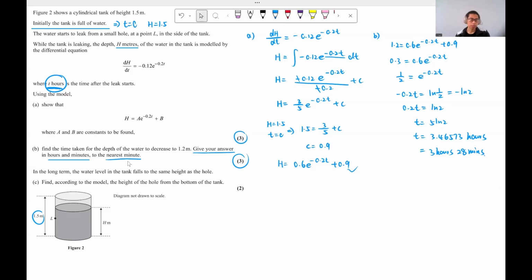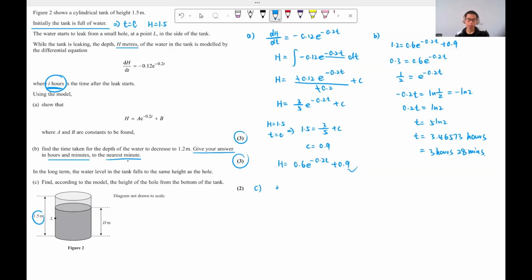And then part C. In the long term, the water level in the tank falls to the same height as the hole. Find, according to the model, the height of the hole from the bottom of the tank. So basically, it's just asking you what's the limiting height.